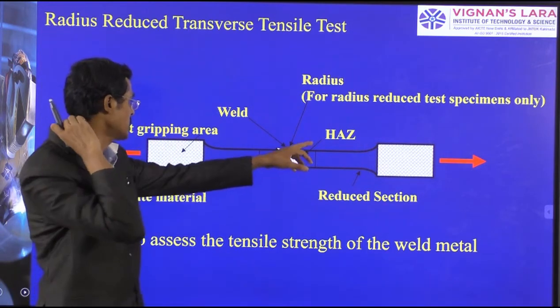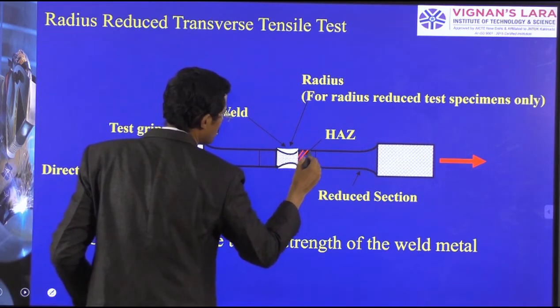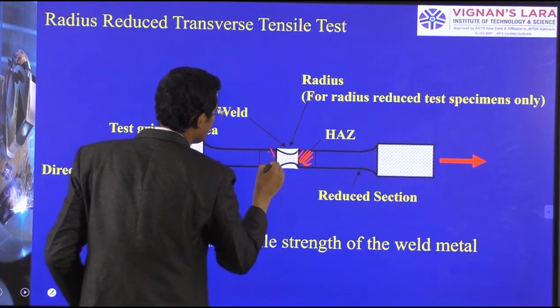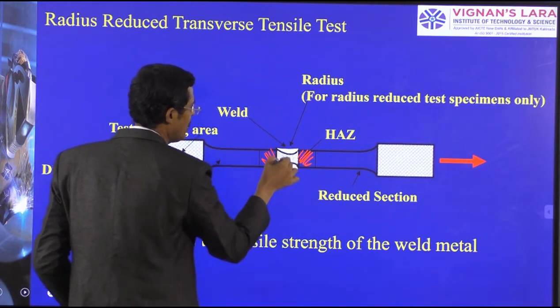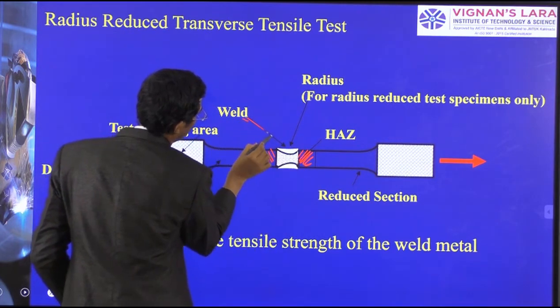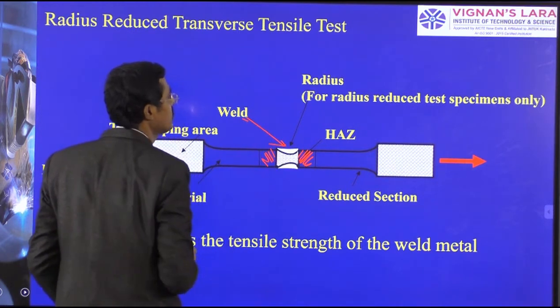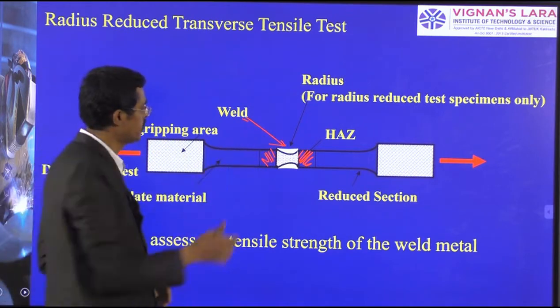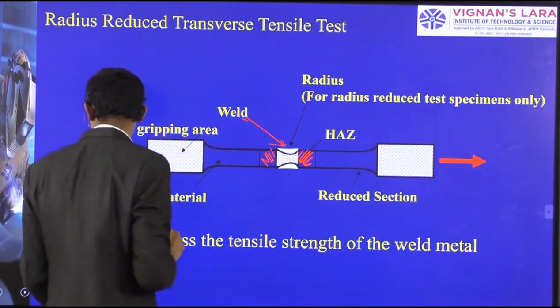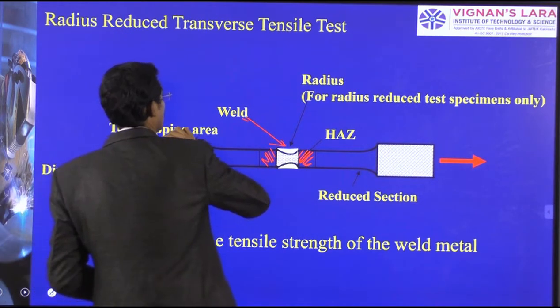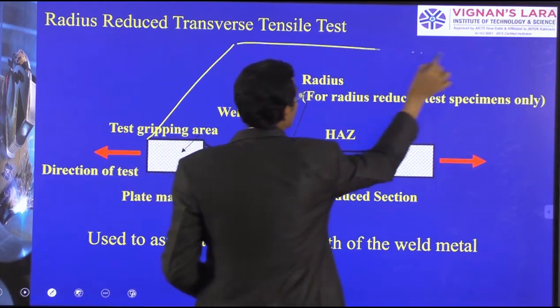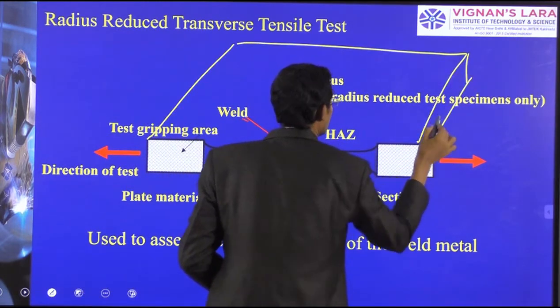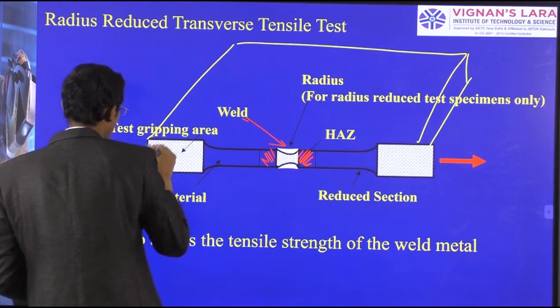This is the reduced section, and the heat affected zone is here. You see, this is the heat affected zone, and it should cover both sides. This is the weld center, in the reduced cross section, and this is the grip of the same specimen. Here the weld is there. We have taken it in this way. So the weld is available here.